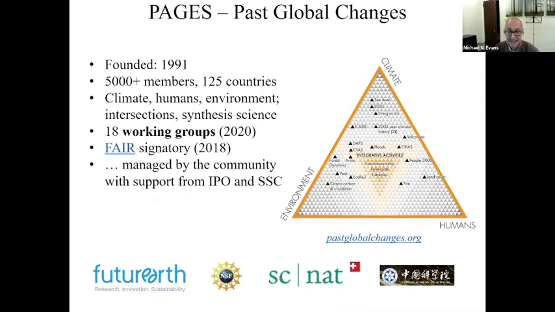It was supported for about 27 years by the US National Science Foundation and the Swiss National Academy of Sciences. Now it's supported by SNSF and the Chinese Academy of Sciences. PAGES is also what's called a core project, one of something like 22 global research programs, all organized under Future Earth. So, a bit of PAGES background, which is probably familiar to all of you if you're in the ECN already.